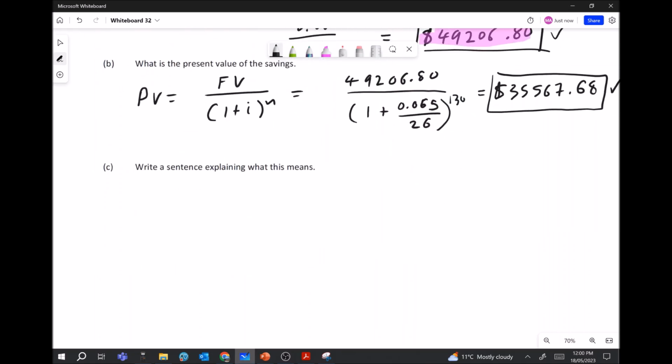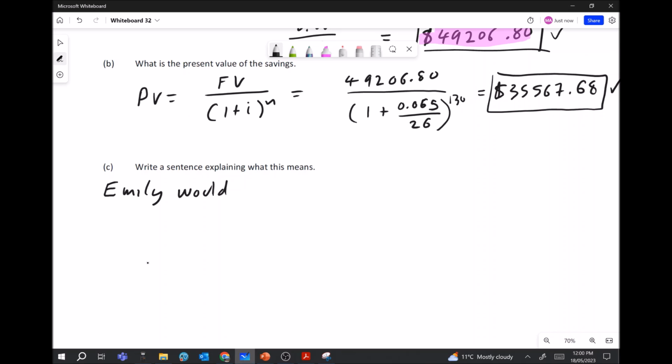So I'm going to explain this meaning in terms of investments for Emily. Now, what we see here is that in order to have the same amount in the future, Emily would need to invest this much.